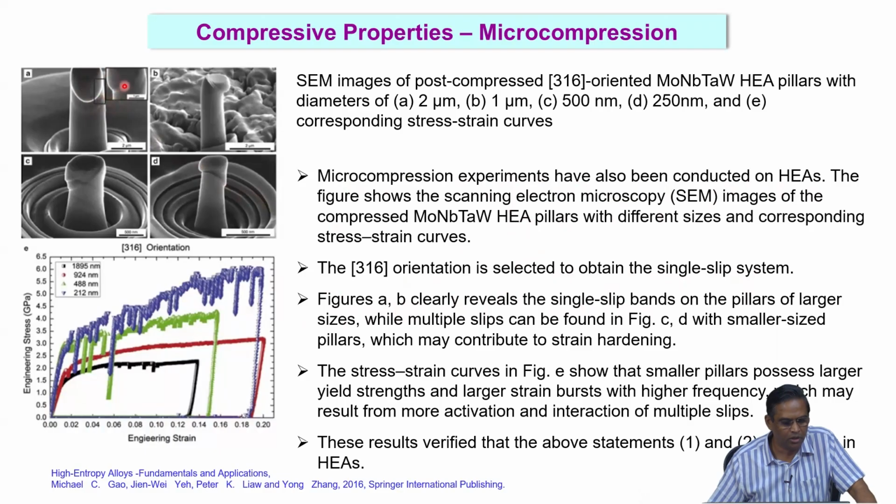What you are seeing here is a slip, clearly showing slip bands on the pillars of larger sizes, while multiple slips can be found in C and D. So, here you see multiple slip 1, 2, 3, here 1, 2, 3, here just 1.